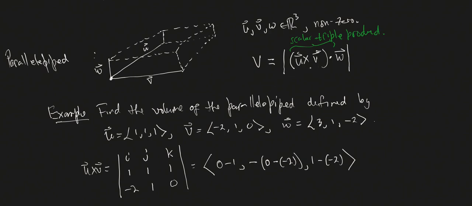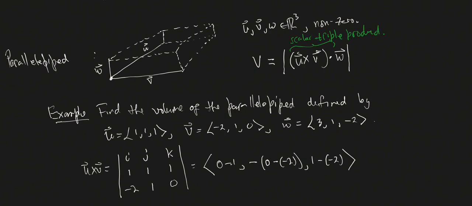So this is what I would end up getting just by doing the cross product. But then, to do the dot product, I would have to take these components and multiply them by the corresponding components in W, right?